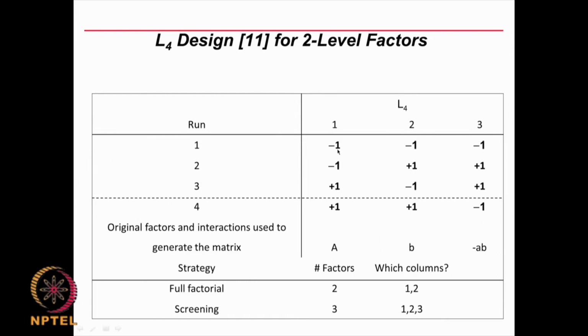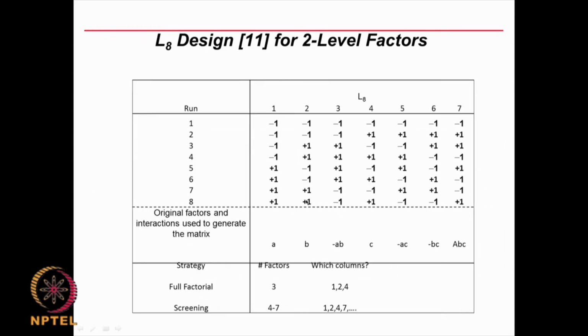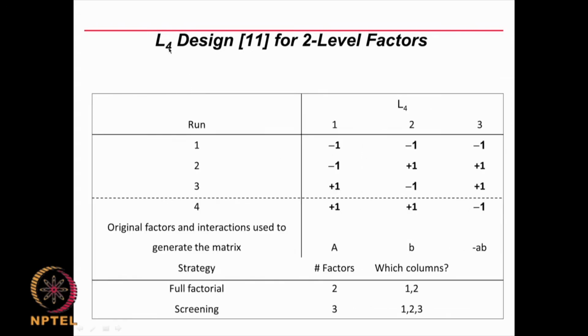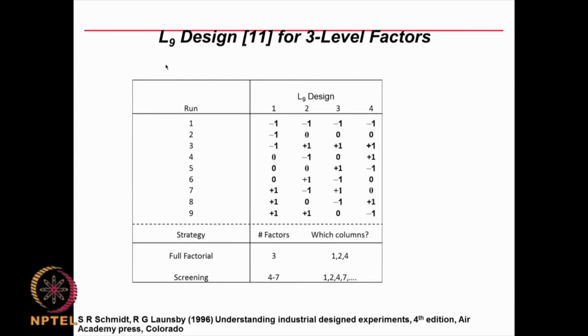So, I just blindly pick up the L4 design for 2 levels. If it is 2 factors, I put A, B and ignore this; if it is 3 factors, I put A, B, C and do the experiments accordingly. Let us look at the L8 design, that means 8 runs, this number tells you how many runs: 4, 8, 9 and so on.